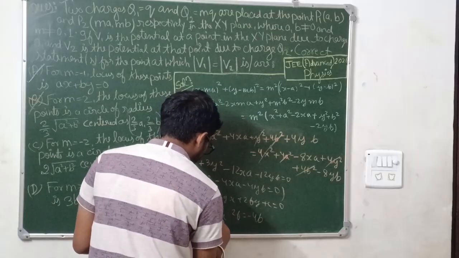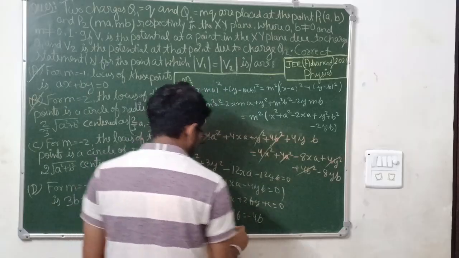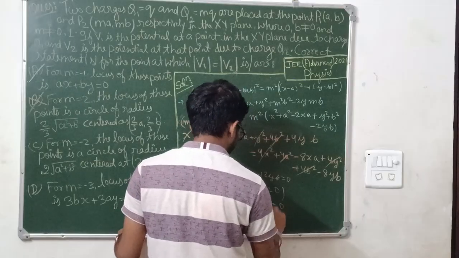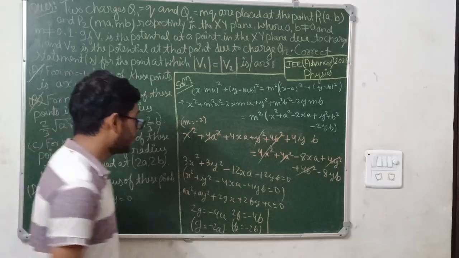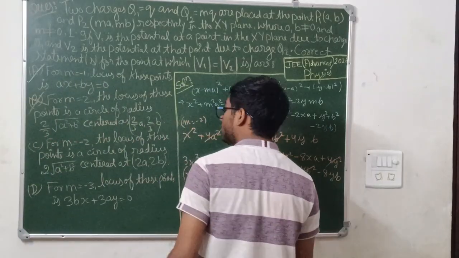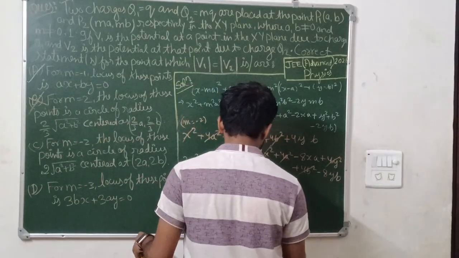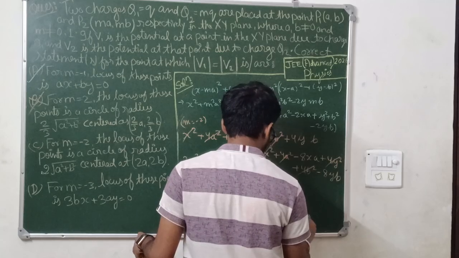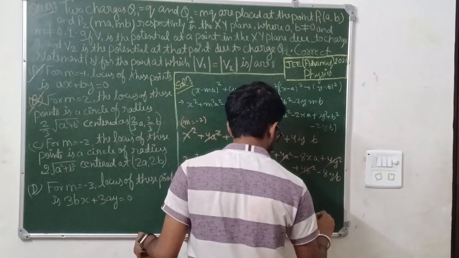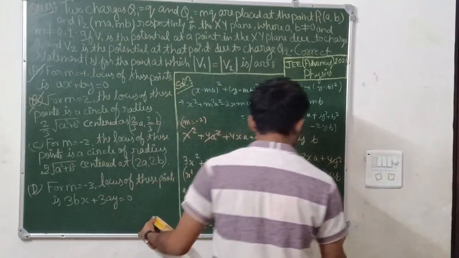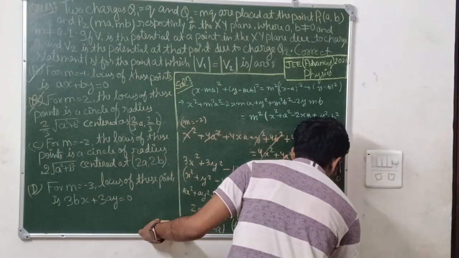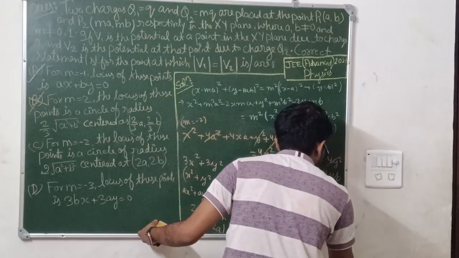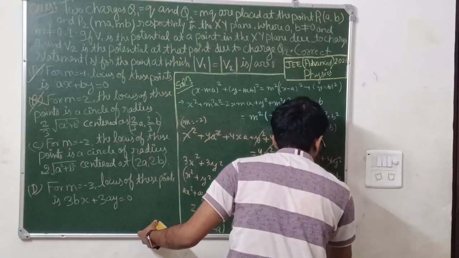G is minus 2a and f is minus 2b. Constant is obviously 0 and the radius is under root g square plus f square minus c. C is 0, so under root of 4a square plus 4b square. If you take 4 common, it is 2 under root a square plus b square. So the radius is obviously right.